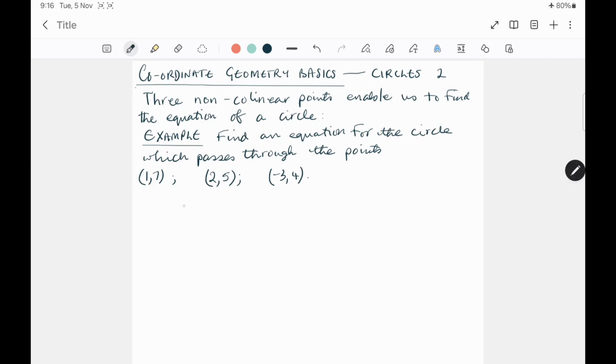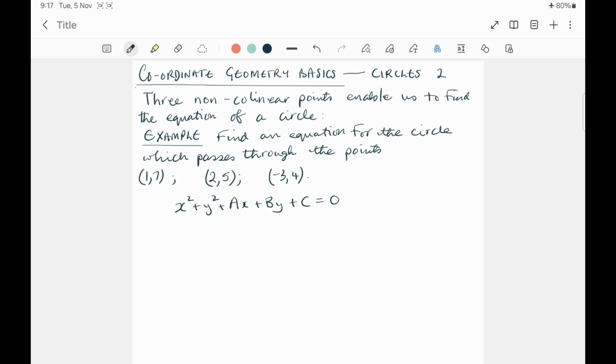Well, we begin by writing down the general equation for the circle, x squared plus y squared plus some constant times x and another constant times y and a third constant not involving x and y.